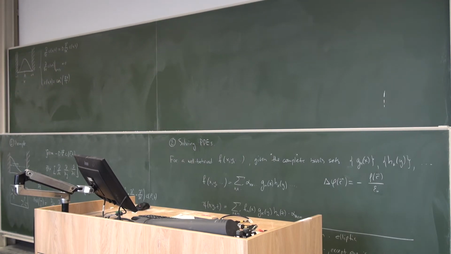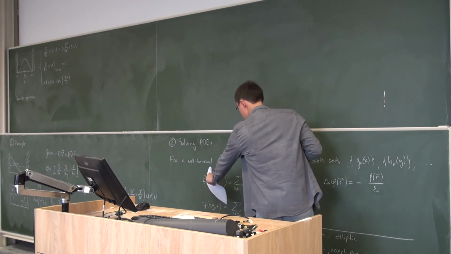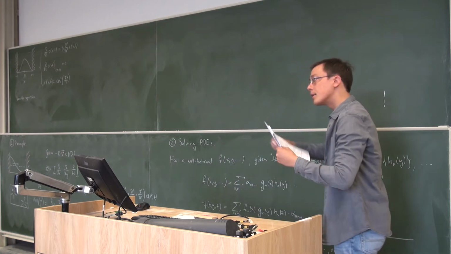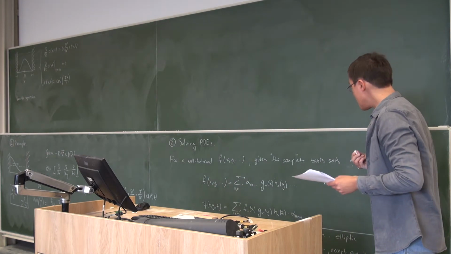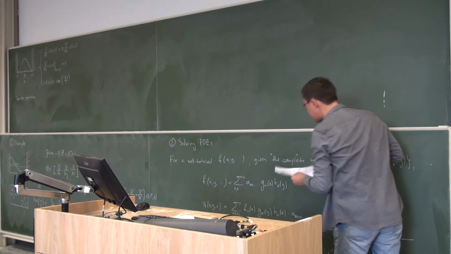The procedure is called variable separation. And it is based on this statement that I made here. Even though the function might have these variables all entangled and mixed together, we do know that it is possible to expand it like this.